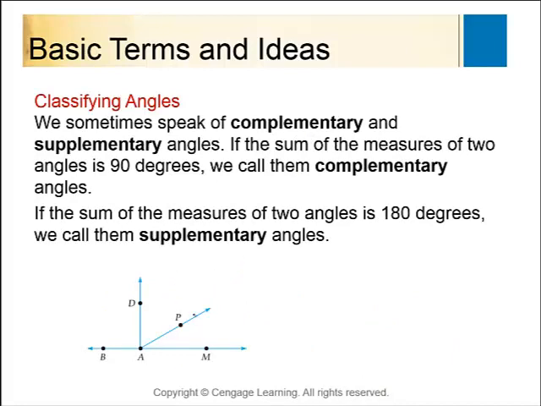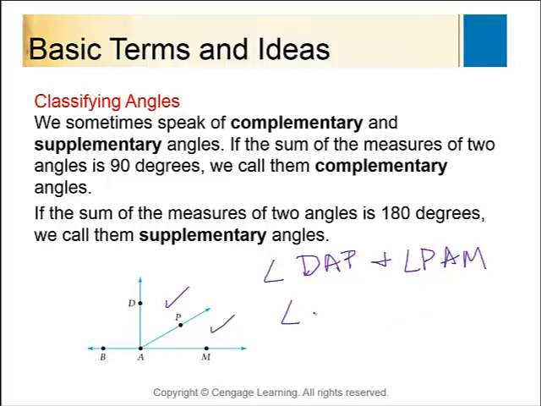Complementary means they add up to 90. So this angle and this angle are complementary. I would write it like this: DAP and PAM are complementary because they add up to 90 degrees.